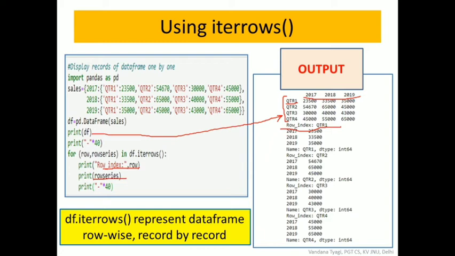So it displays all these 3 years of data. Similarly for quarter 2 it shows all the entries, for quarter 3 it shows the entries, and then quarter 4 it shows the entries. So it is accessing the records row by row, going to every row, taking the row index and then displaying all the values under that row.